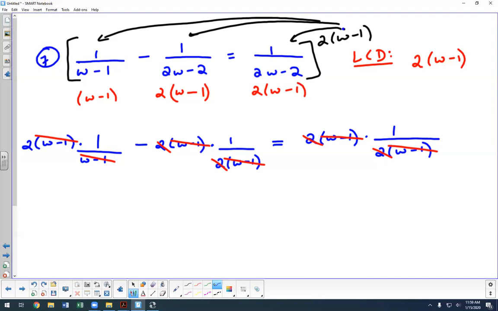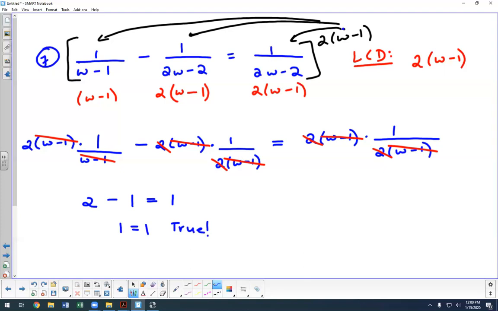And then we're doing 2 times 1, which is 2, minus, everything canceled out, so I'm just left with the 1 from here, equals, again, everything canceled out, so I'm just left with the 1 over there. So 2 minus 1 is 1, 1 equals 1. This is a true statement.